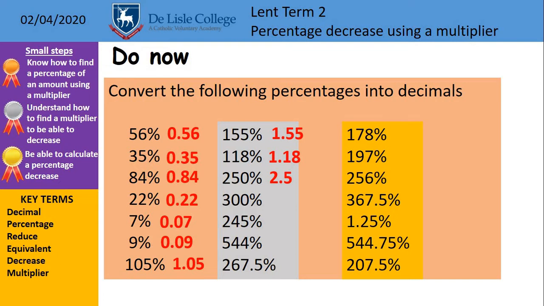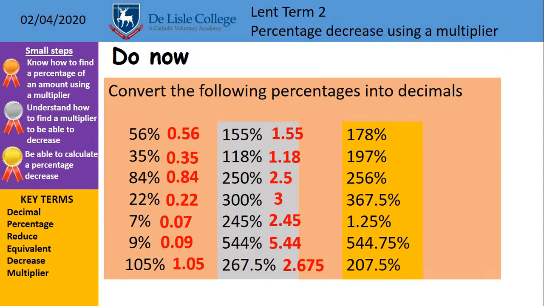So 250% obviously then would give you a decimal greater than 2, so 2.5. 300%, 300 divided by 100 gives you an answer of 3. 245 divided by 100 gives you an answer of 2.45. 544 divided by 100 gives you an answer of 5.44. And a slightly trickier one, 267.5 divided by 100 would give you a decimal of 2.675.